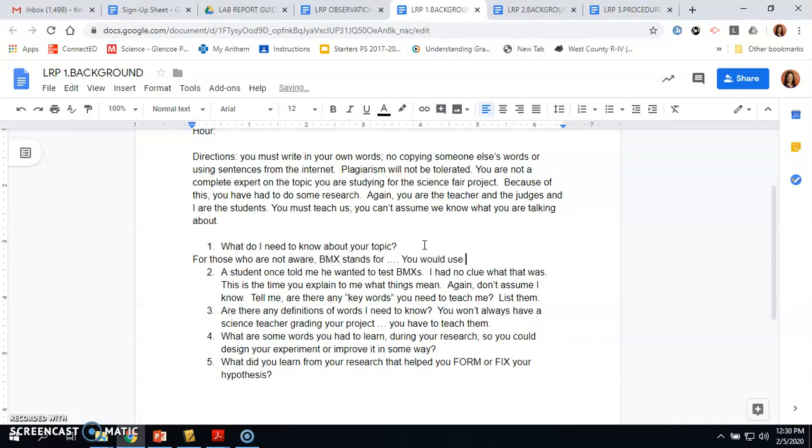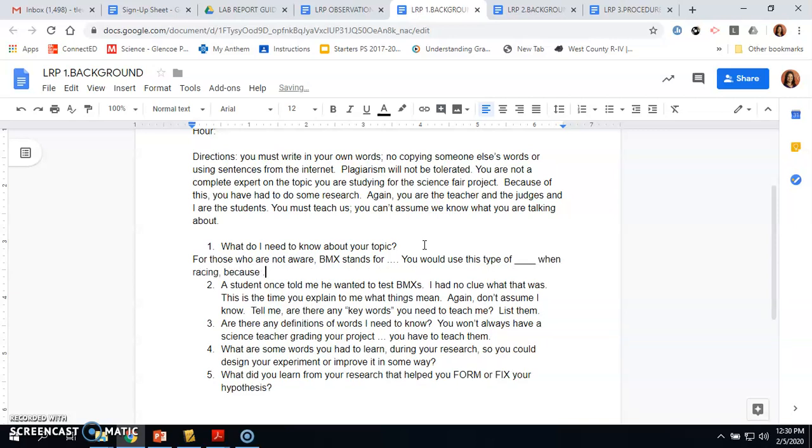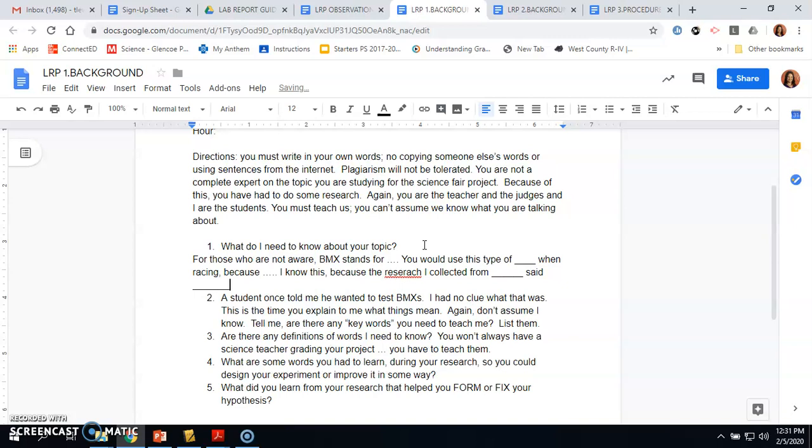You would use this type of whatever it is, because I don't know what it is, when racing, because I know this because the research I collected, that's a misspelling, the research I collected from this source said, and I quote. Okay? That's number 1. Super, super, super simple.